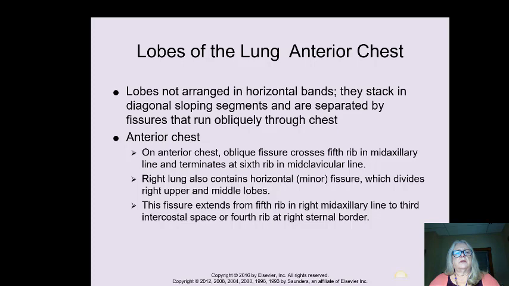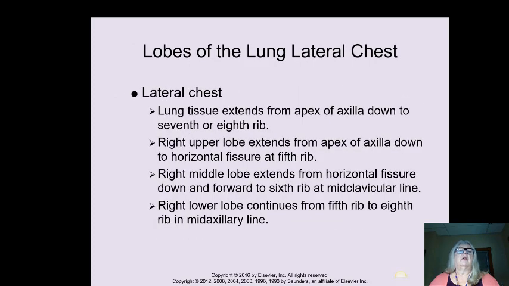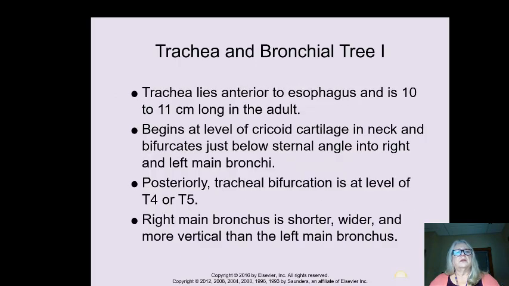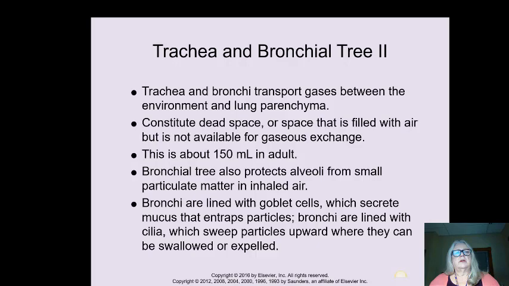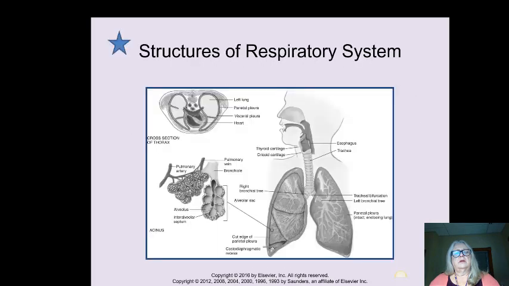You know there's 3 lobes on the right and 2 lobes on the left. Remember that? For the lungs. And know your trachea and your bronchial tree. They're all really important. Mechanics of respiration, right?